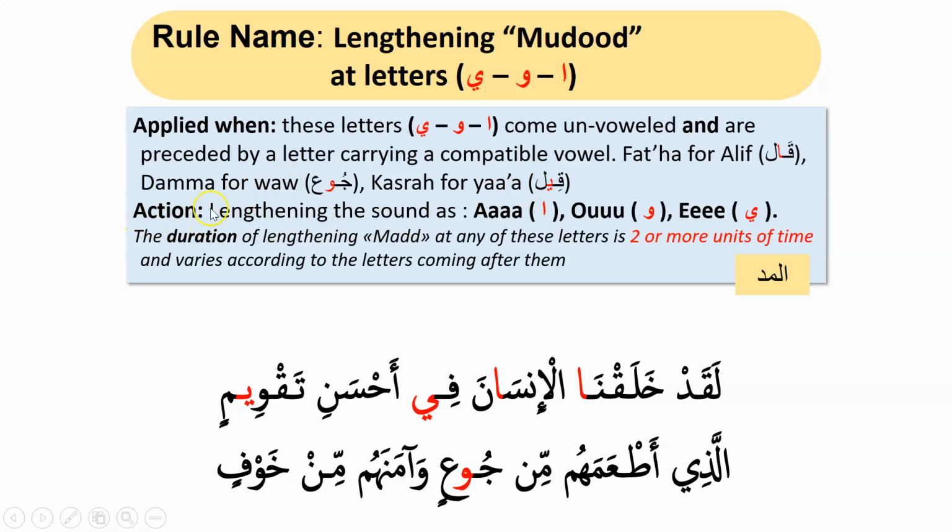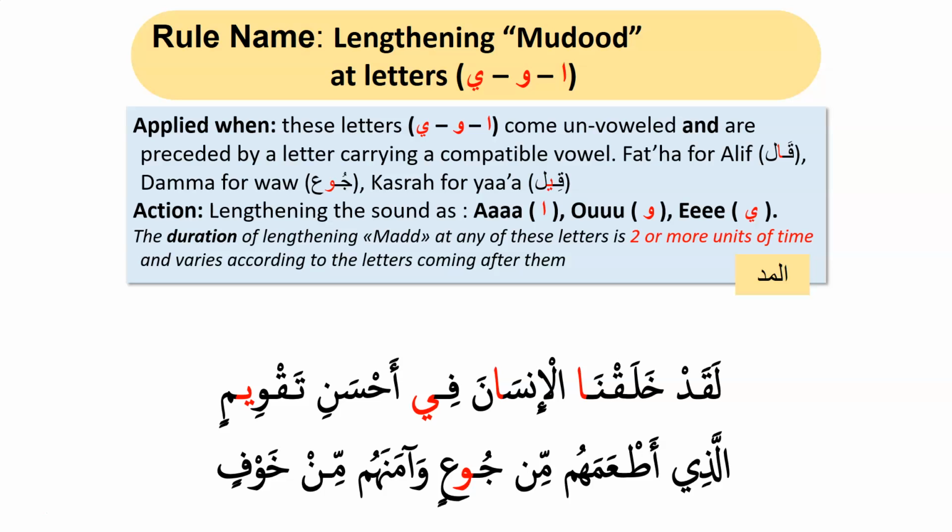How do we apply the rule? We lengthen the sound as a, u, e. The duration of this lengthening should be 2 units of time, and this would vary according to the letters coming after them. This is called natural mad, mad tabi'i.